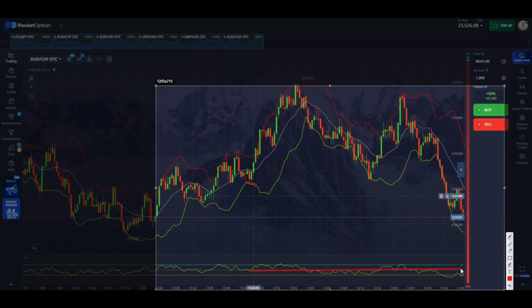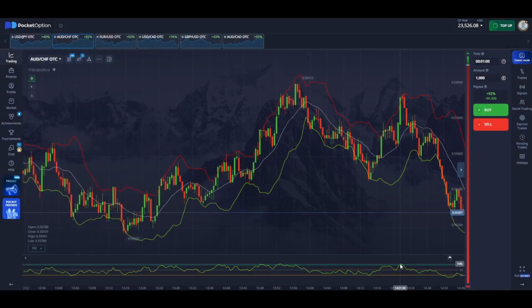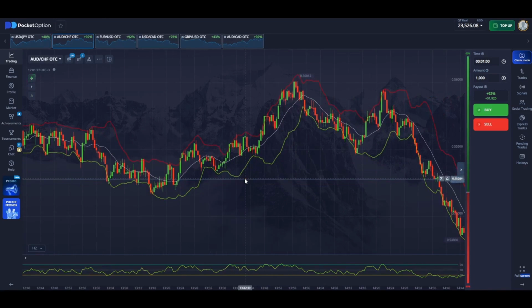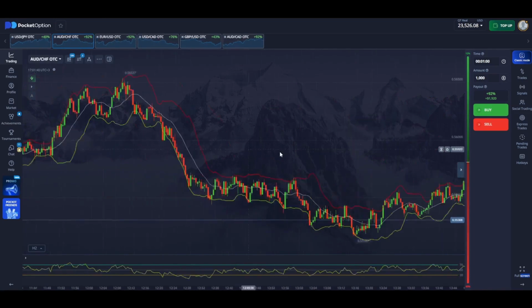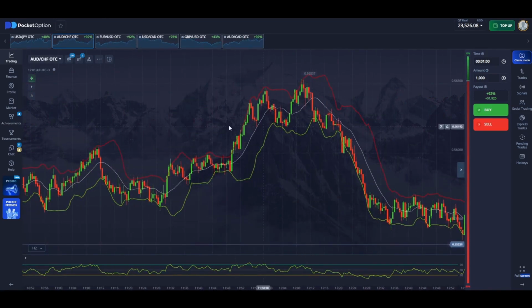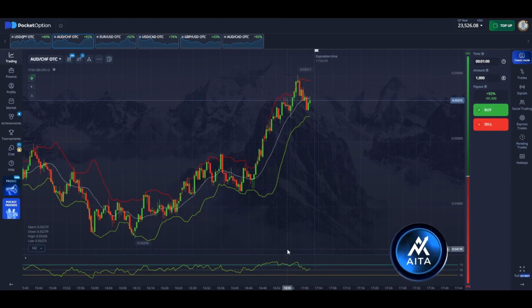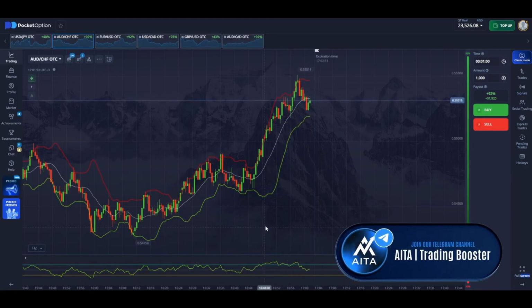So the market isn't fully oversold yet. Yeah, again, in this situation, the price still went up. But for example, the Bollinger Band might show the market is oversold. If the RSI shows it isn't fully oversold yet, it's not a safe entry point, and you shouldn't open a trade there. So this way, we filter out bad entry points.